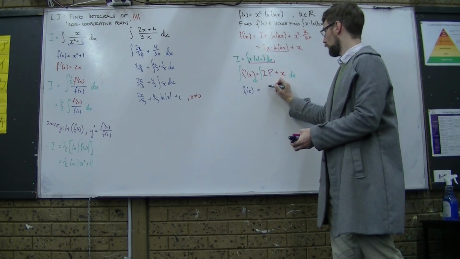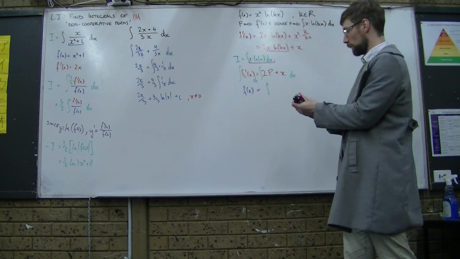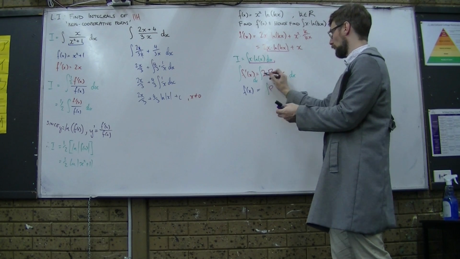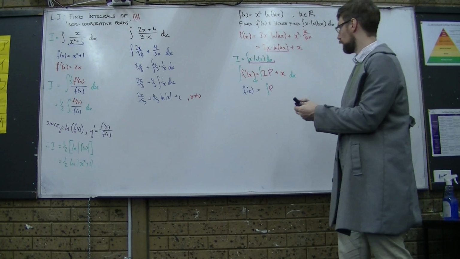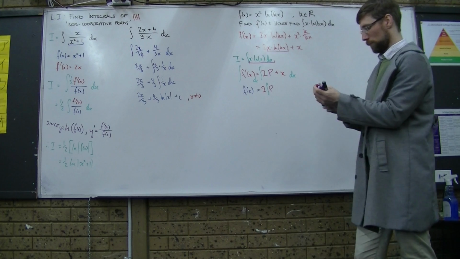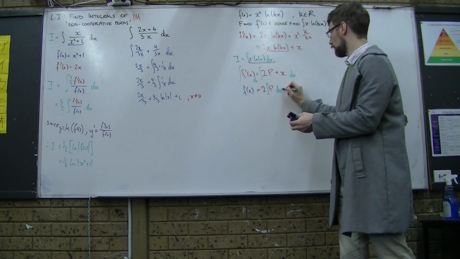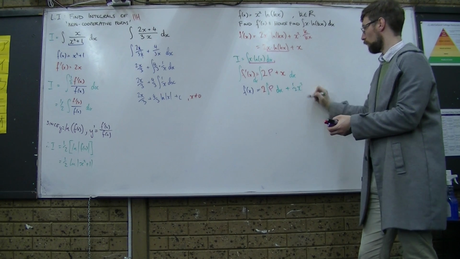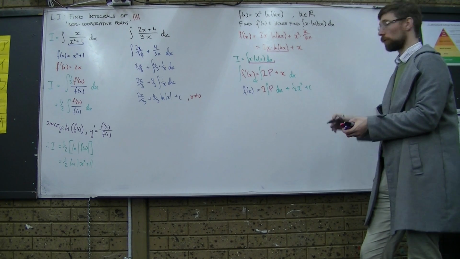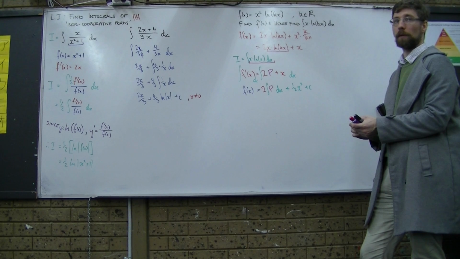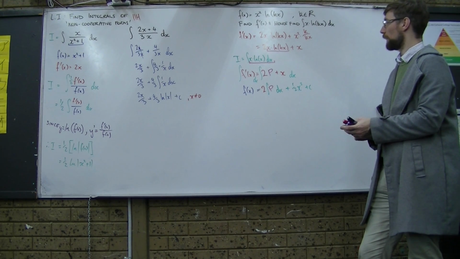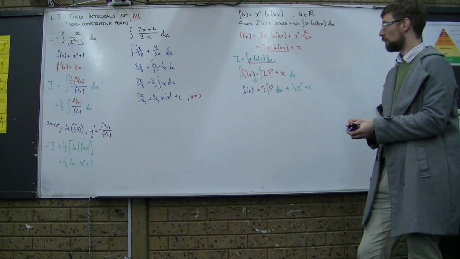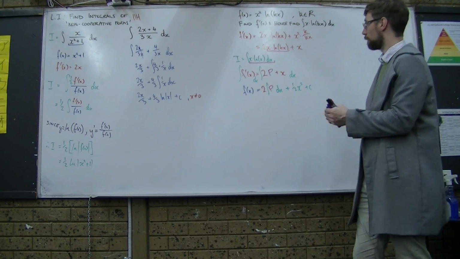Okay, so that's integral of p with a 2 out the front, dx. Plus integral of x, half x squared, plus some constant. Happy, happy? Cool. What did we actually want? Integral of p, right?